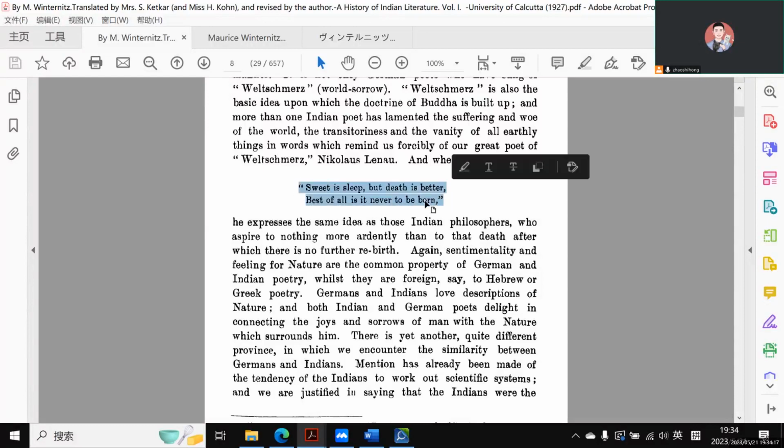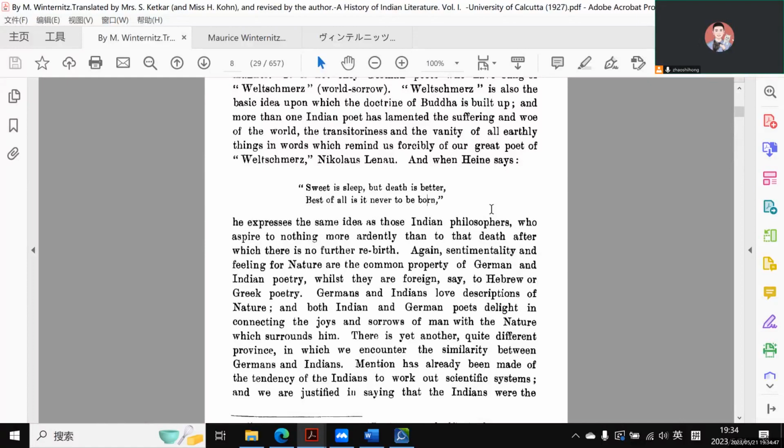Actually, I think if you know Sanskrit very well, you can even rewrite this Heine poem into Sanskrit because the idea is somehow very similar, especially the second half. Best of all is never to be born. Because we know that in India there's the concept of samsara, 轮回, yeah, samsara.